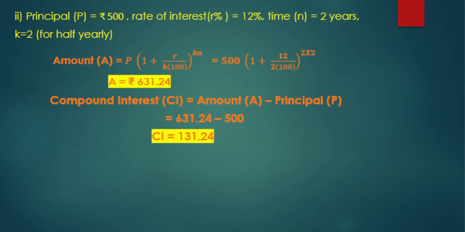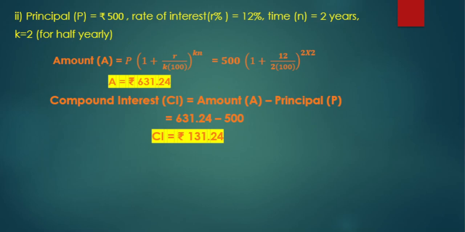Similarly, for half yearly, the principal remains the same, 500 rupees, and the rate of interest remains the same, 12%. Also, the number of years remains the same, 2 years. But for half yearly, we have to keep k equal to 2 in the formula P into 1 plus r upon k into 100 to the power kn.